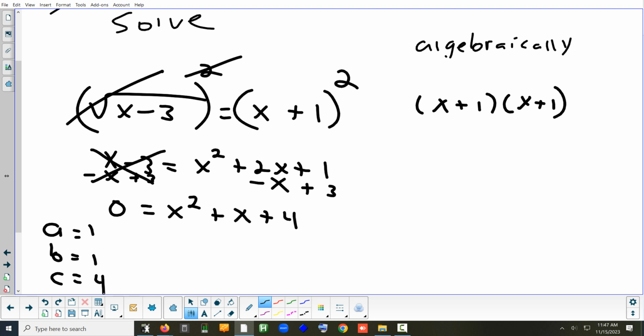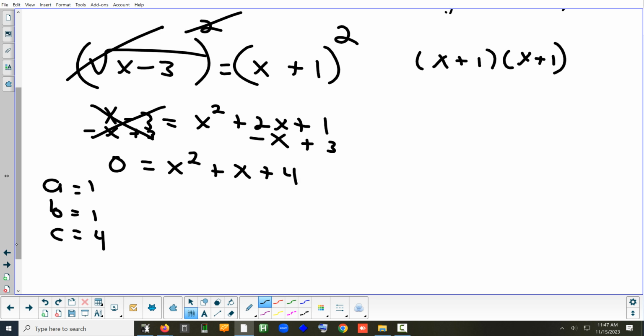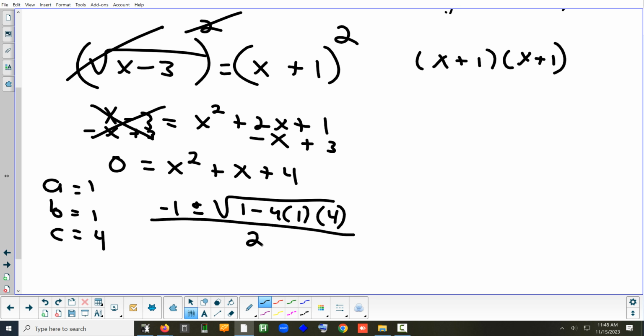When a and b are that small and c is a big number, that's not good. That means you're going to probably get an imaginary answer. I knew right away when we did the first step, it wasn't going to work. So negative b plus or minus the square root of b squared minus 4 times a times c. Well, I can pretty much stop there because that's 1 minus 16. That's going to be a negative. So we didn't do anything wrong.